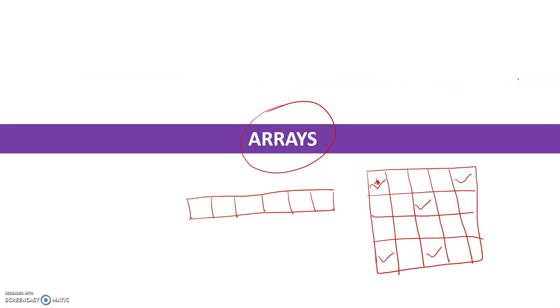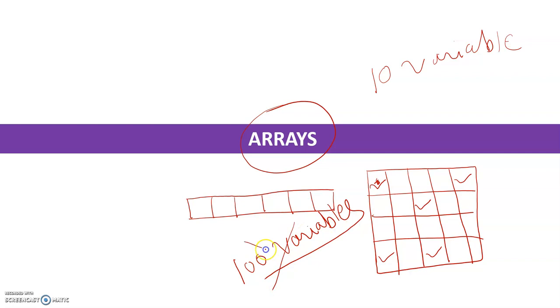For example, if I say take 10 numbers from the user, what will you do? You will take 10 variables. But what if I say take 100 numbers from the user? In that case, seriously, will you declare 100 variables?